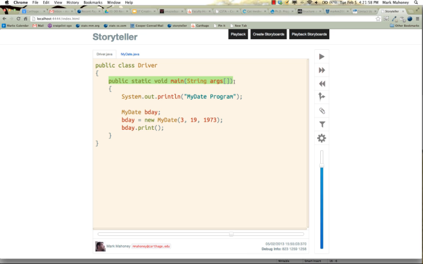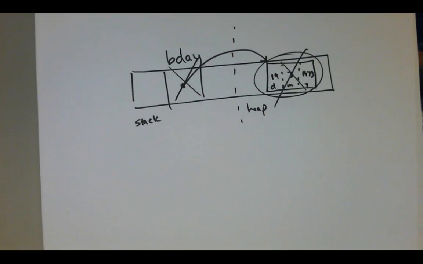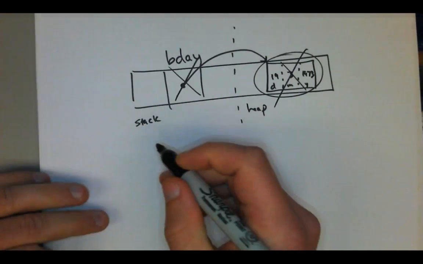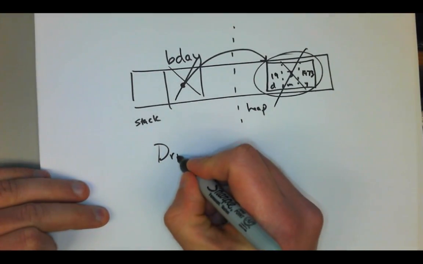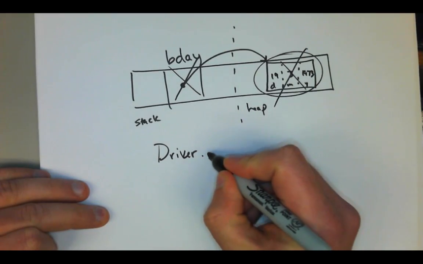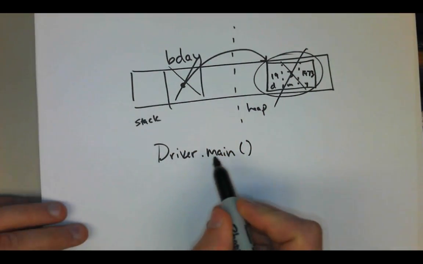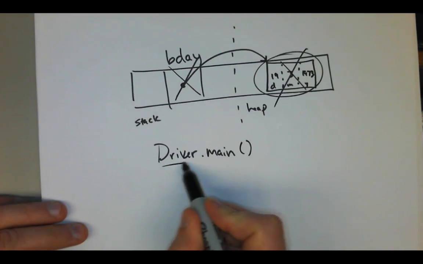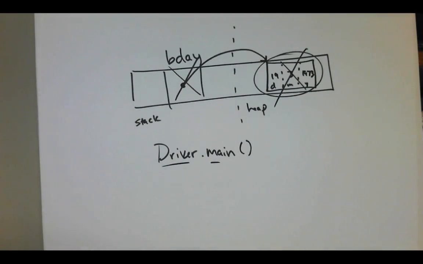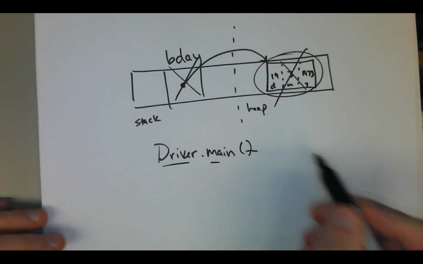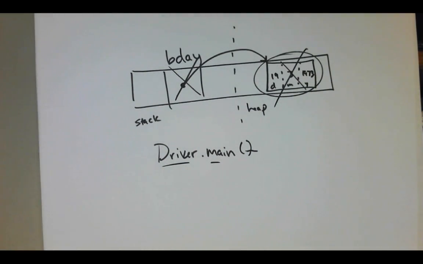A static method can be called without an object by using the name of the class, a dot, and the name of a method to call. So you can only call static methods using this notation. For example, the JVM at some point calls the static main method by saying driver.main, and it actually passes in some parameters there.